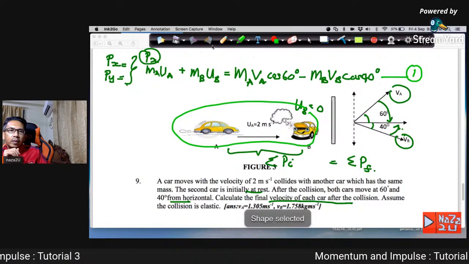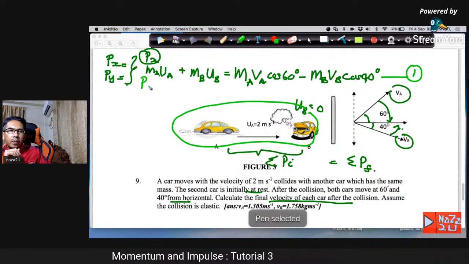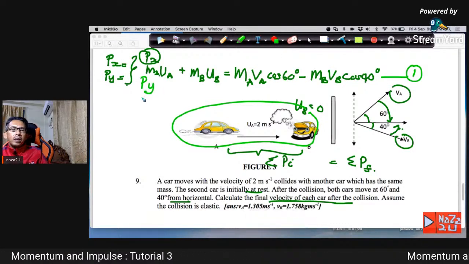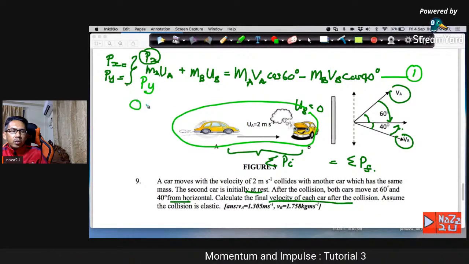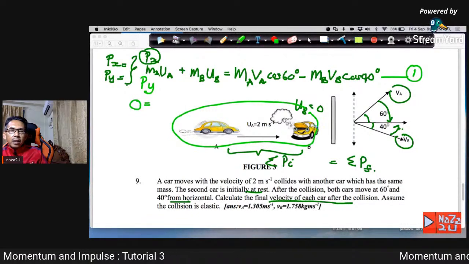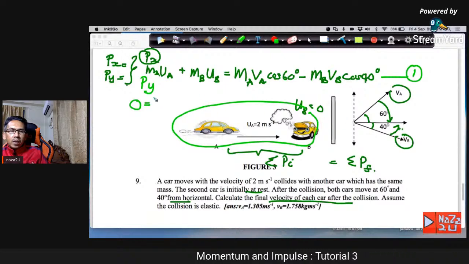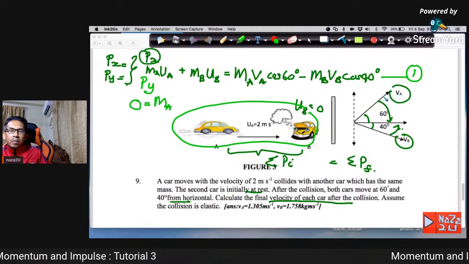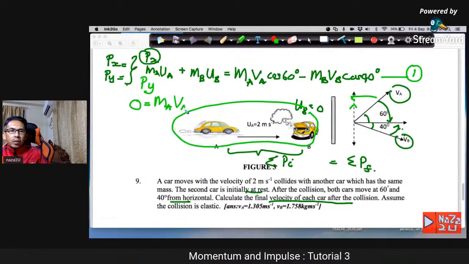This is PY, so before is equal to, for the Y here is equal to 0. Okay, tiada pergerakan pada arah paksi Y sebelum pelanggaran. And after collision, yes, so you have MA, the car A is MA, resolve V to the Y axis, VA here. So we have VA sin 60.